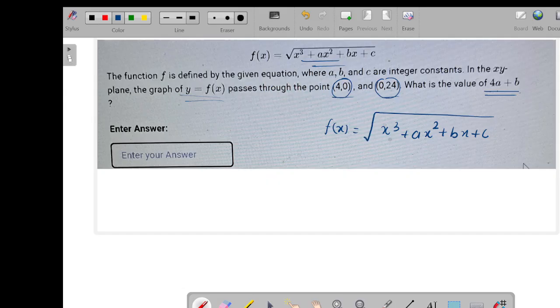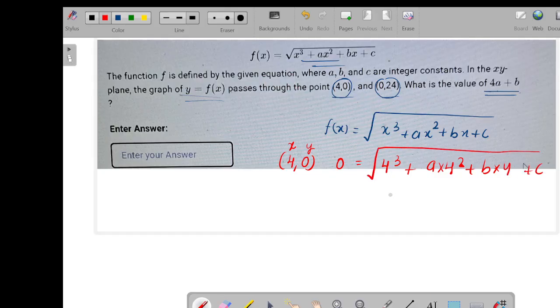First I'll take the point (4, 0), so I put x equals 4 and y equals 0. So it is going to be 0 equals the radical of 4 cube plus a times 4 square plus b times 4 plus c.